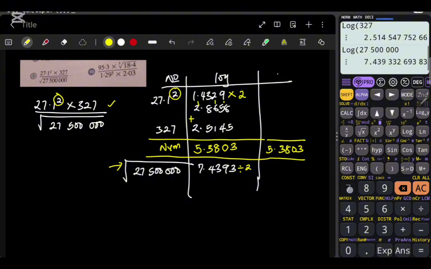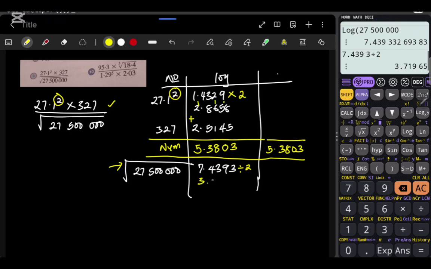So remember, square root means you're going to divide, so we're dividing here by 2. So I'm going to write 7.4393 divided by 2. That gives me 3.7196.